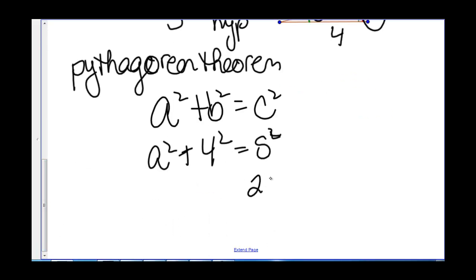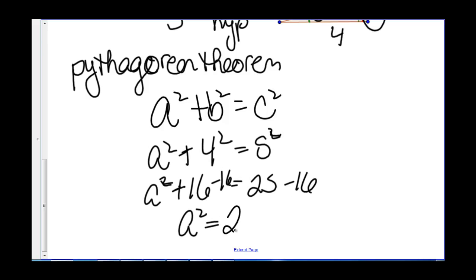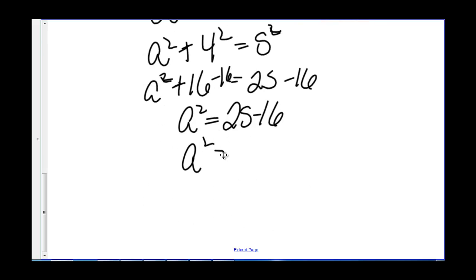So we get 25 equals a squared plus 16. So a squared, we subtract 16 from both sides, equals 25 minus 16. So a squared equals 9. We take the square root, and a is plus or minus 3.